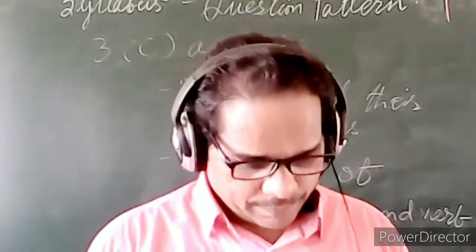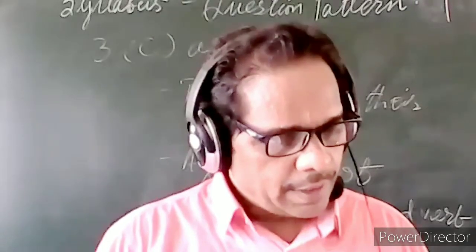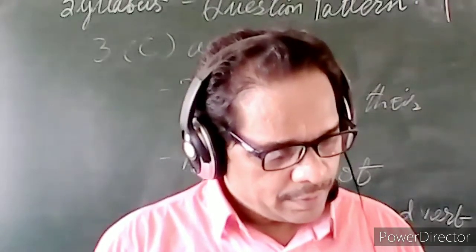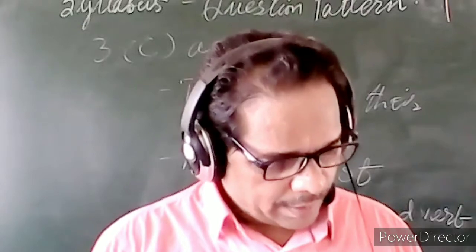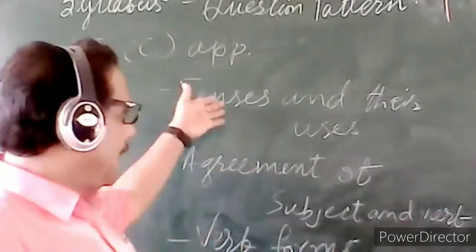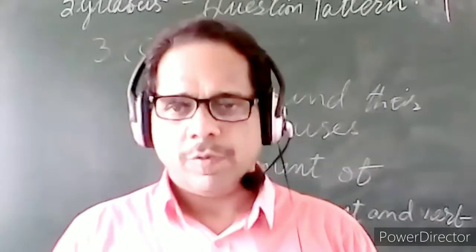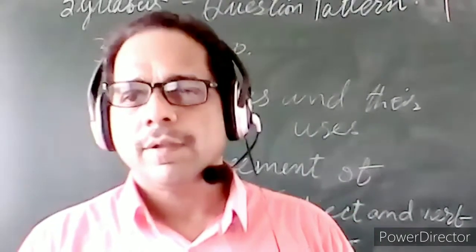Unit 7, sequence of tenses. That is enough. So these are the things we will be doing: tenses and their uses, agreement of subject and verb, verb forms. Verb forms means the 3 forms of the verb: verb 1, verb 2, verb 3.